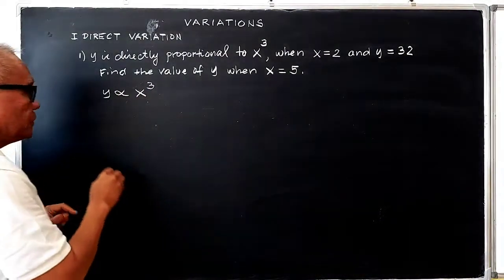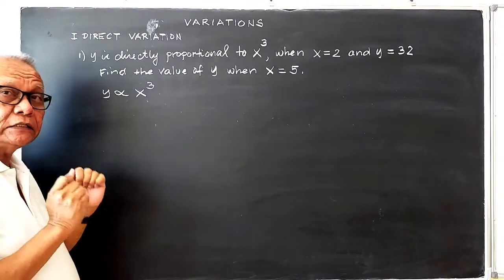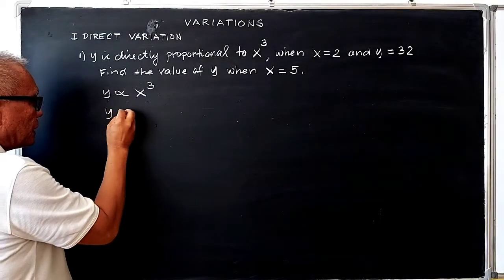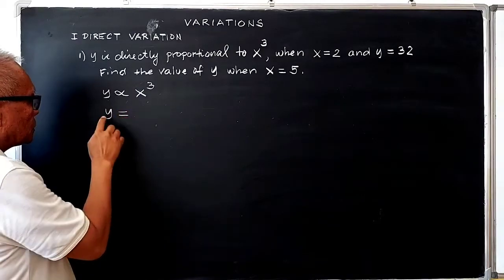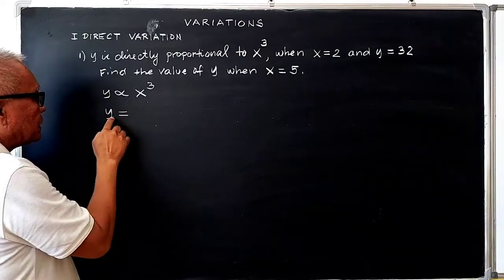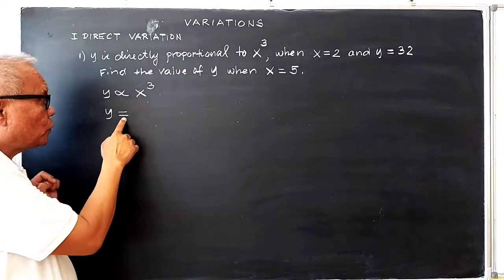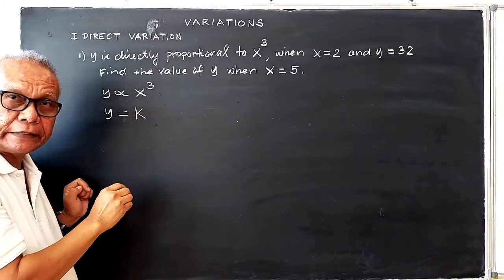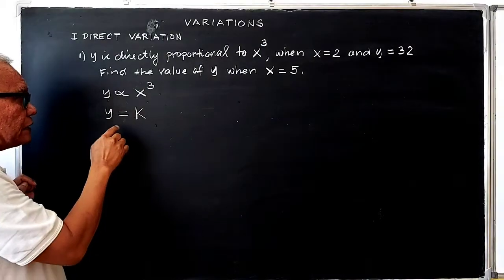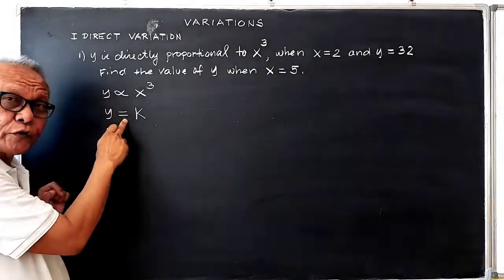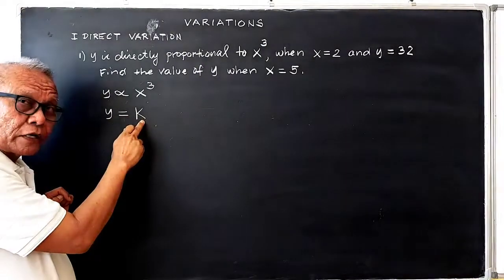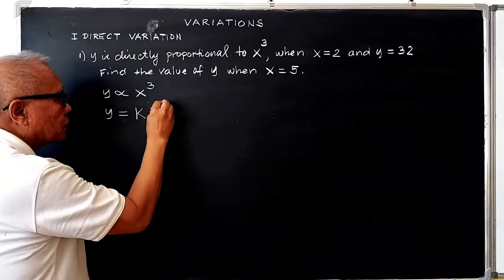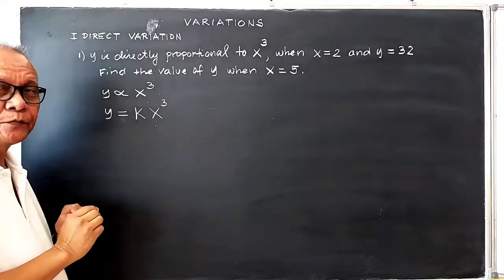Okay. Then we write it in equation form. So we have y is equal to, introduce first the constant k. Don't forget, when we write it in equation form, we introduce our constant k. And then we write the x cubed. Okay.